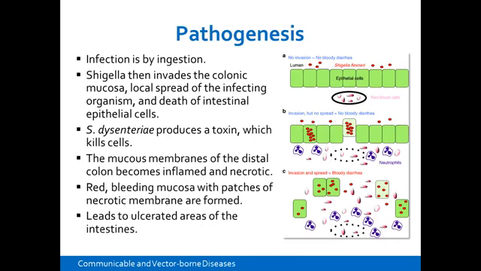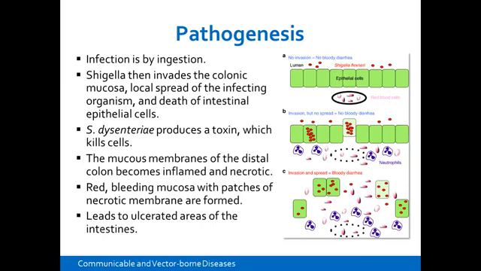But one thing that is important with Shigella is that it produces toxins which kill the cells. So basically, it is not the bacteria itself that destroys the cells; the bacteria produces toxins, and these toxins are the ones that kill the cells.